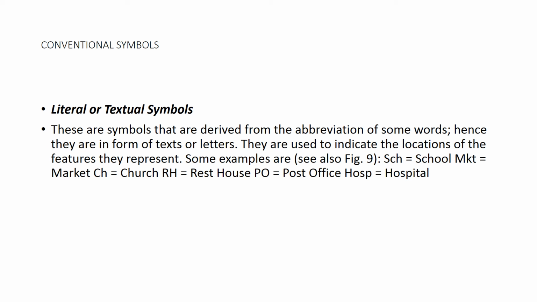We can say SCH to mean school, MKT to mean market. You can add your own textural symbols onto the map, provided that what you mean is written there under the key.